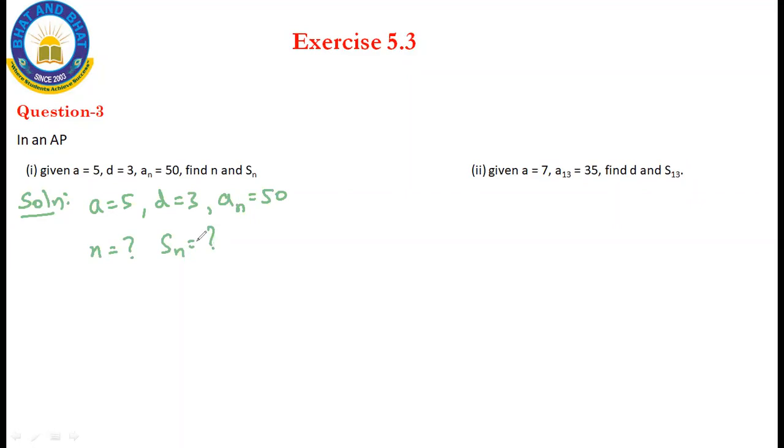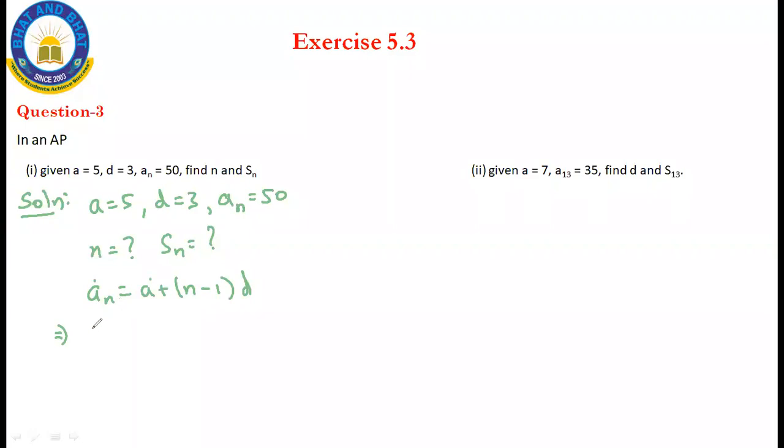So it's a straightforward question, but you should be very attentive when you do this because the right formula must be used. Let us use the formula an is equal to a plus n minus 1 into d. Why did I take up this formula first? Because I know an, I know a, I know d, but I don't know only n. So I can easily find it from this formula.